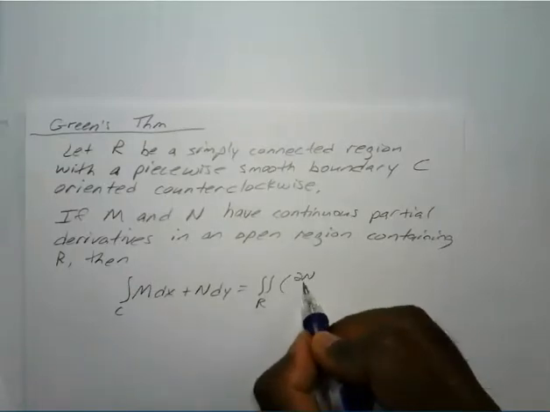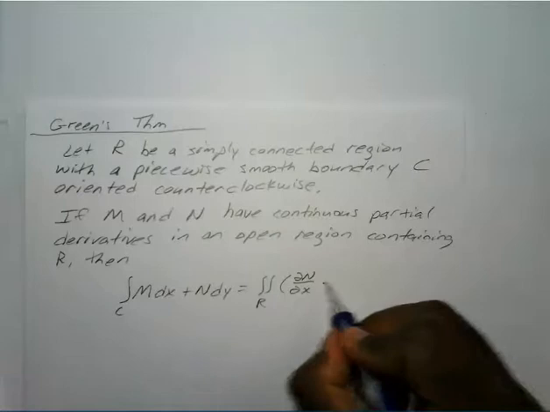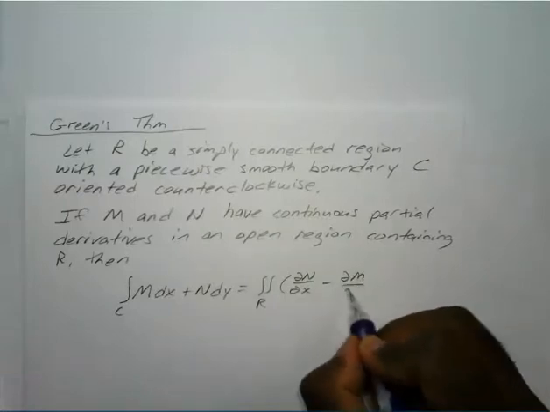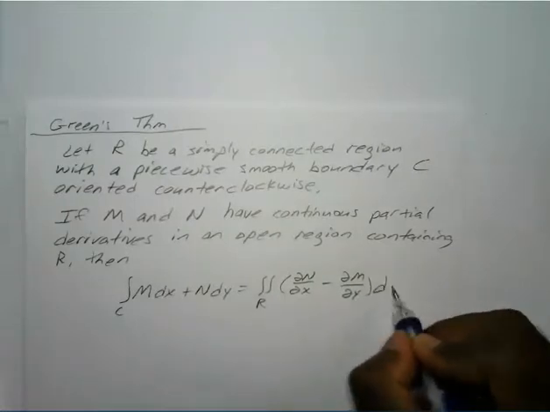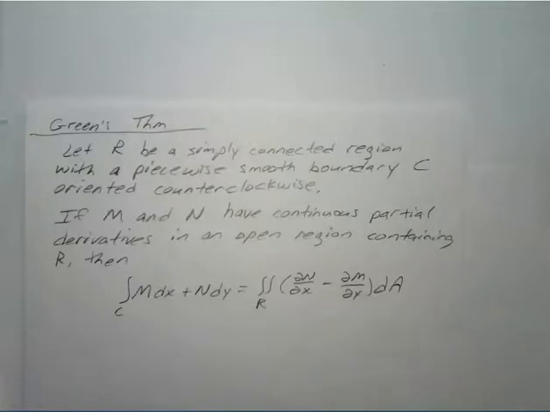The partial derivative of N with respect to x minus the partial derivative of M with respect to y, and that's with respect to the area of the region.